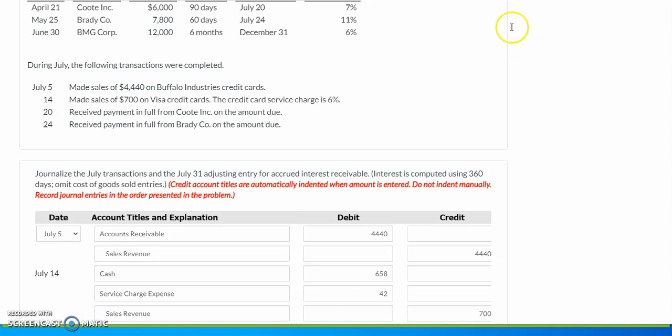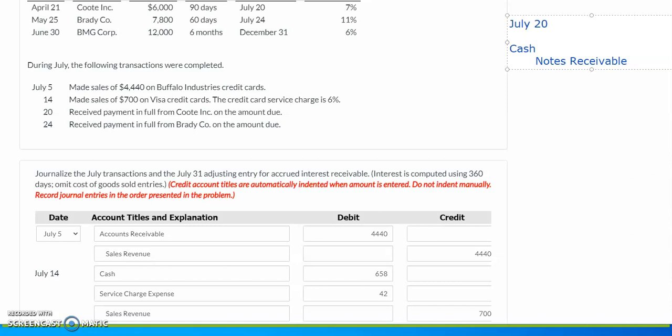So when we receive payment, we're going to record a debit to cash and we're also going to record a credit to our notes receivable because we're going to receive the full amount of the note.